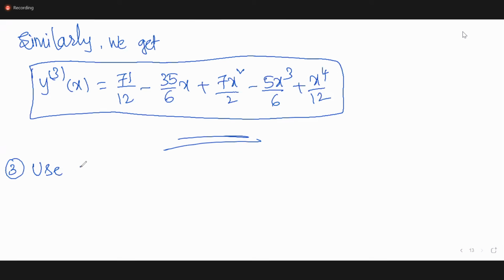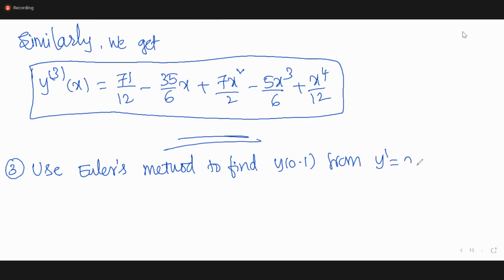Last one, use Euler's method to find y of 0.1 from y dash is equal to x square minus y, y of 0 is equal to 1.